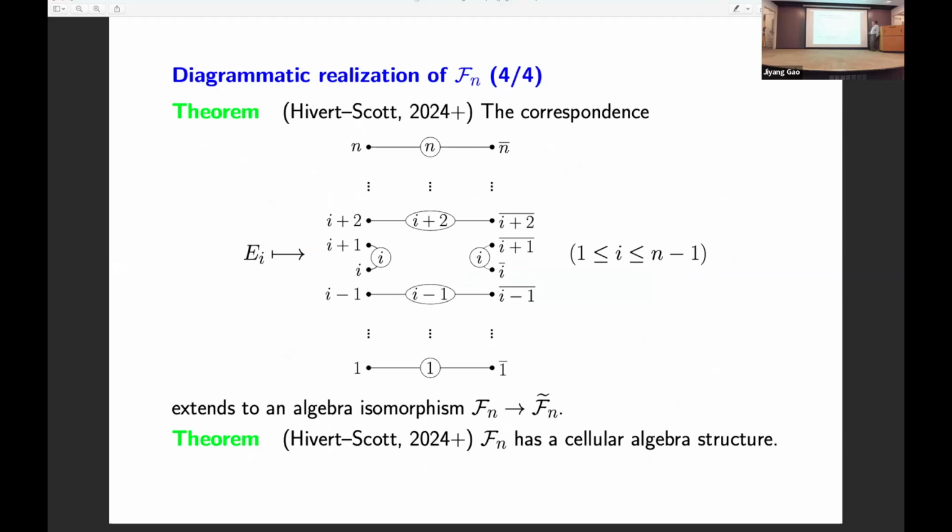So here is a couple of caps here with level I, and the other arcs are vertical, with levels 1 to I minus 1, I plus 2 and up to n. And also, they show that this algebra has a cellular algebra structure. So now we can consider the modular representation of this algebra.